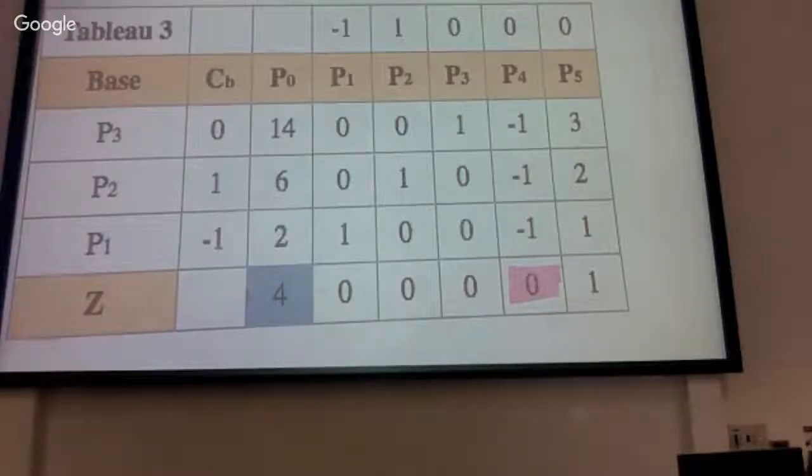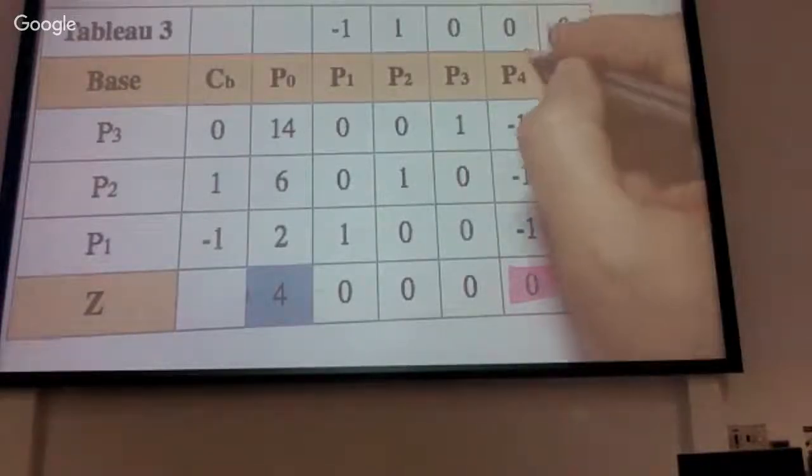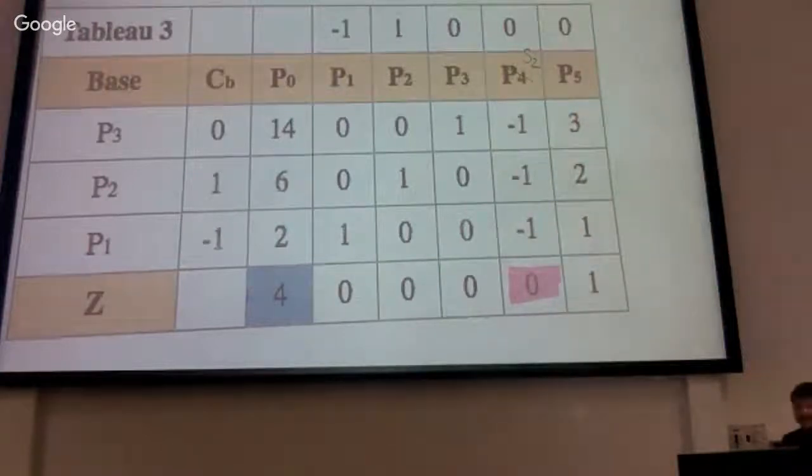P4, well, that's S2 in our terminology, is not in the basis, but it has a 0 in the objective row down there. So if you pivot on here, well, if you try to pivot, then you could potentially, that's what we were doing last week, you could find another optimal solution. Okay, well, this solution is already optimal.